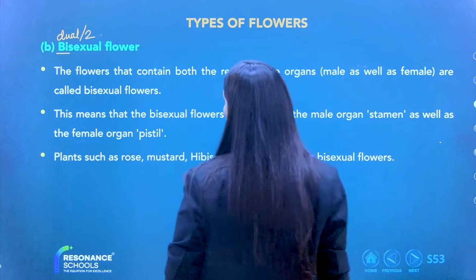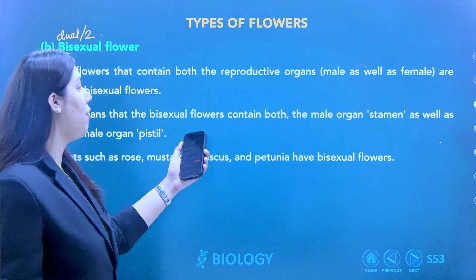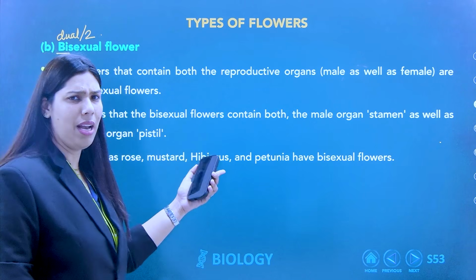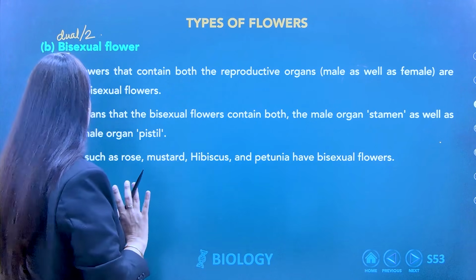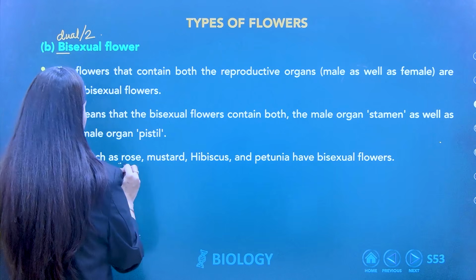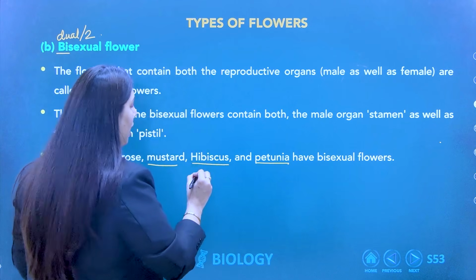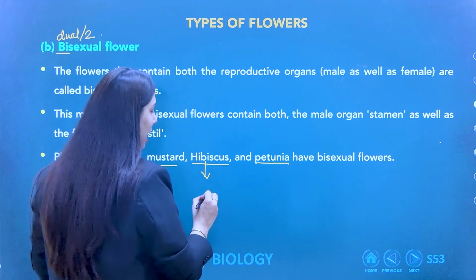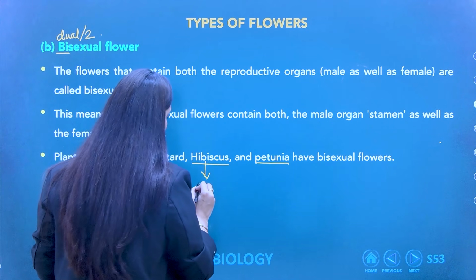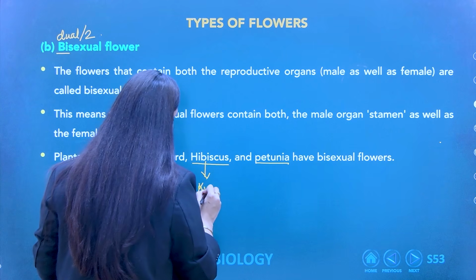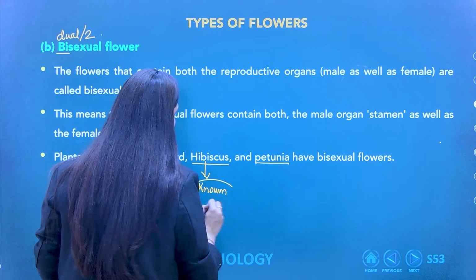This means bisexual flowers contain both stamen as well as pistil. Examples are rose, mustard, hibiscus and petunia. Hibiscus is the flower we were reading up till now, so you already know this.